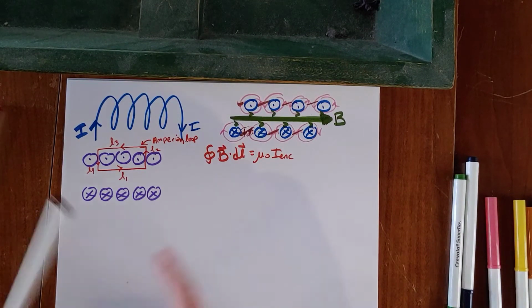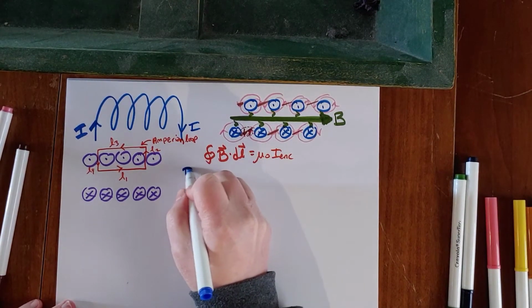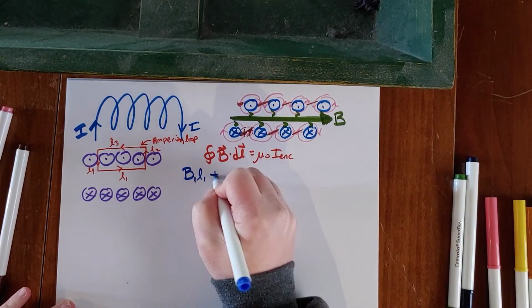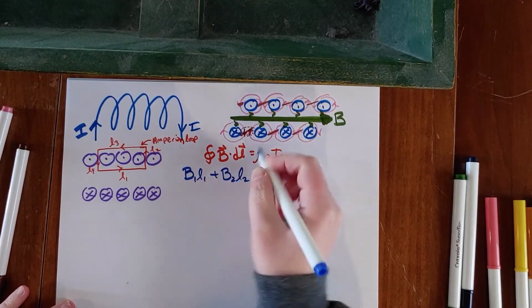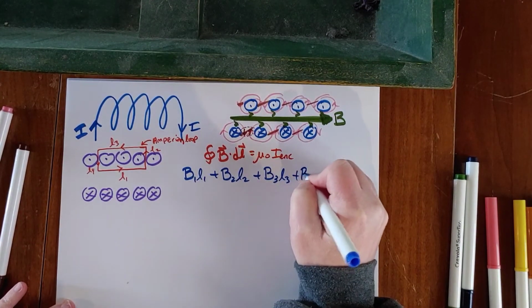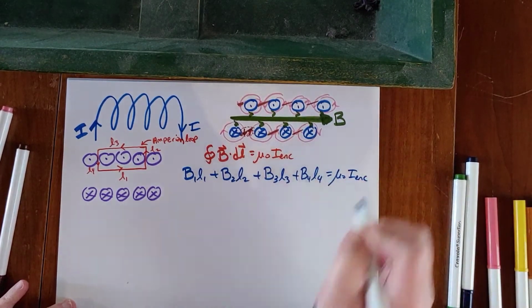Okay, let's just write that out in more explicit terms. B1 L1 plus B2 L2 plus B3 L3 plus B4 L4 is mu naught I enclosed.